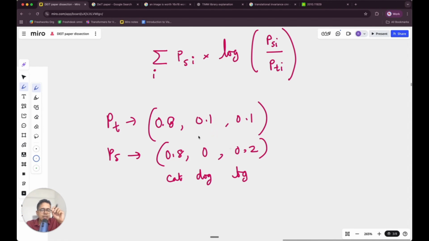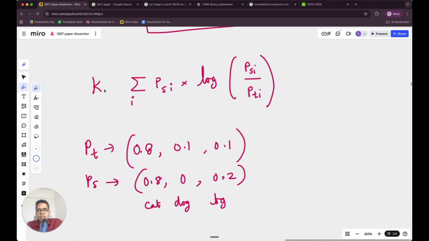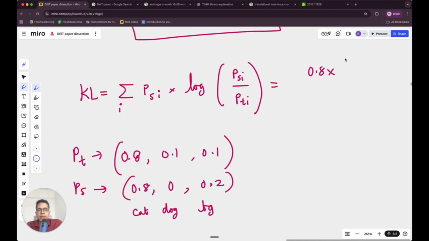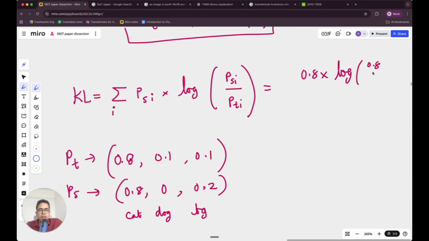So for this overconfidence that the student is having, there should be an extreme penalty. And look at how this extreme penalty comes. Now the KL divergence will be calculated in the following way. 0.8 multiplied by the logarithm of 0.8 by 0.8, which is 1.